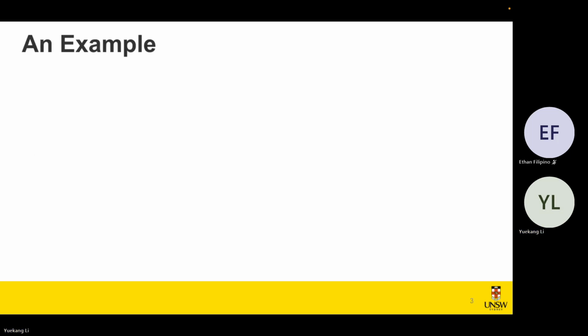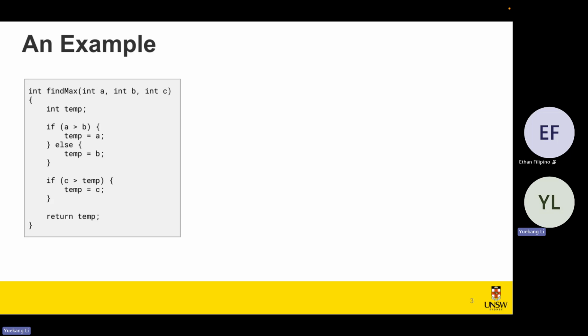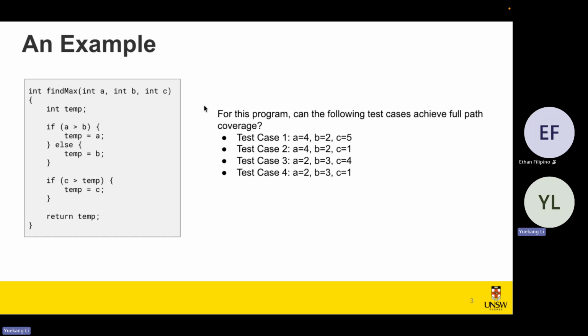Before we jump into the concept of mutation testing, let's think about a warm-up example. In this example, which is a function to find the maximum value of A, B, and C, assume that we have these four test cases. Can we achieve full path coverage for this function?